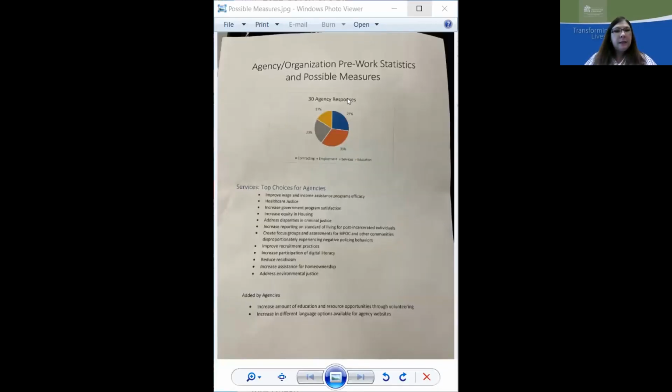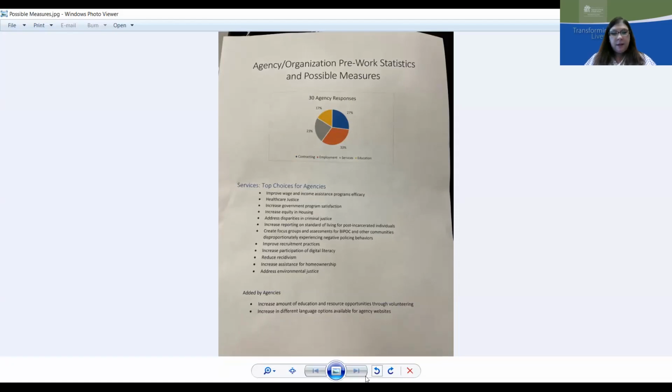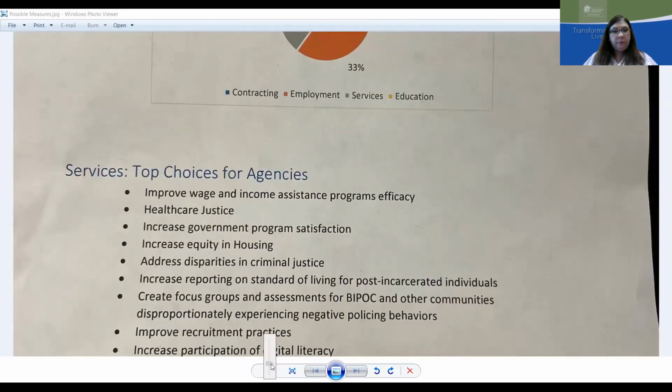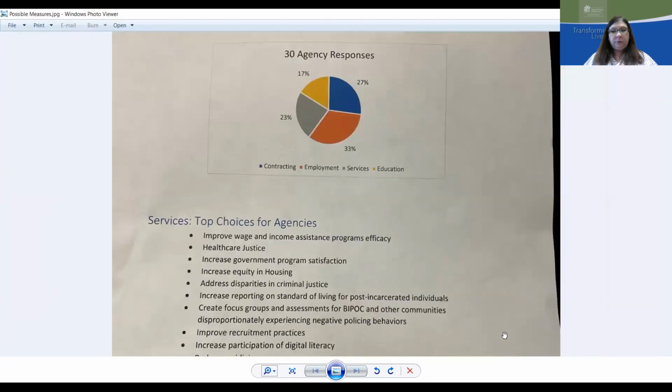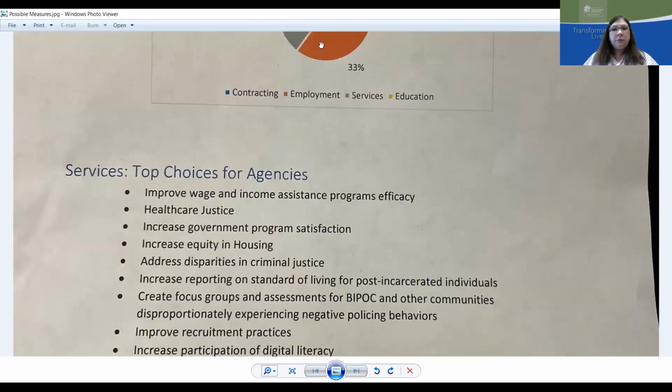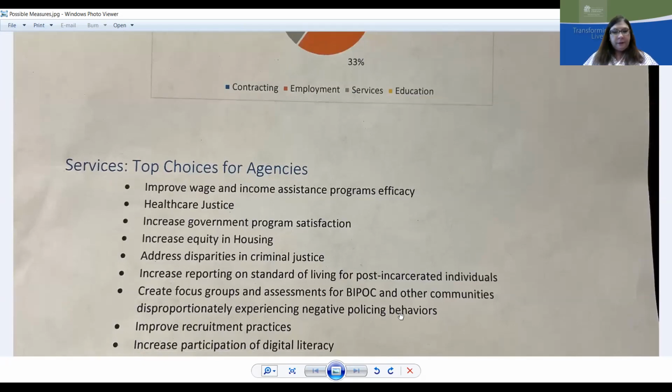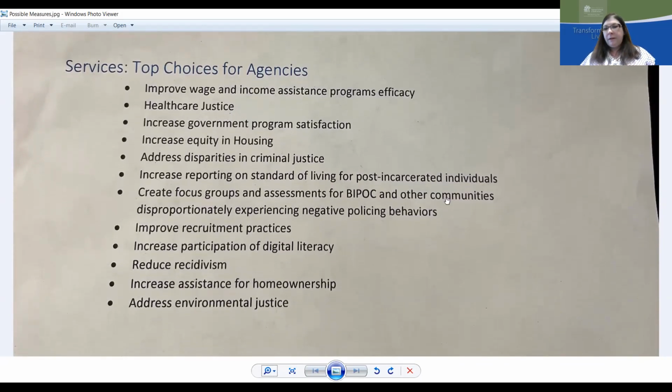Will you be able to see this? Can you see that okay? Sorry. Thank you for your patience and your grace as we work through this together. Okay, so I see several 1s.